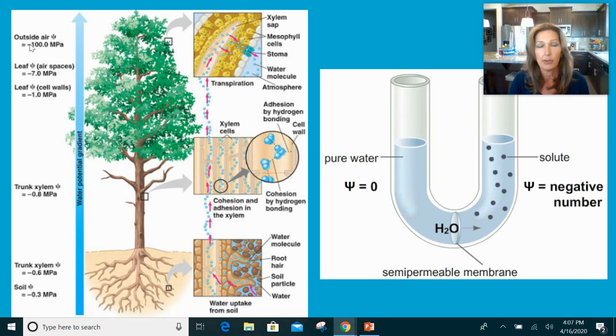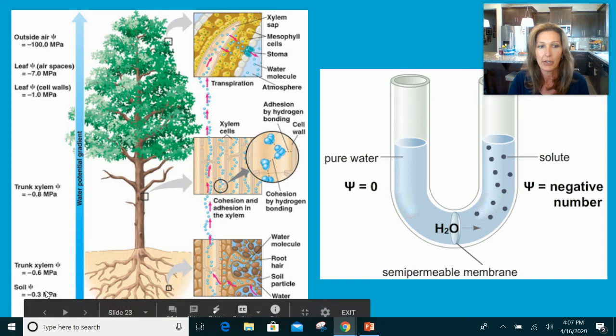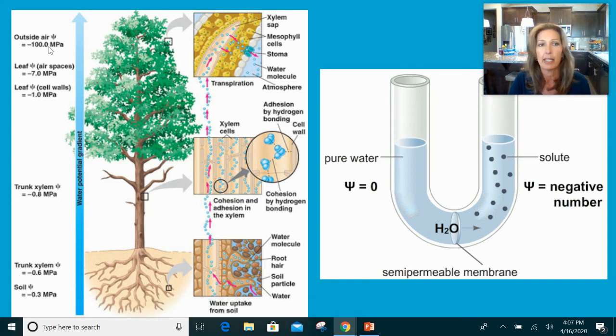Out here in the outside air, at a negative 100 megapascals. So remember, negative 100 is a really, really low number compared to my higher number of a negative 0.3. So remember to be thinking with water potential in negative terms. And remember also that the units for water potential can be megapascals or bars. Doesn't matter. Pay attention to the numbers.